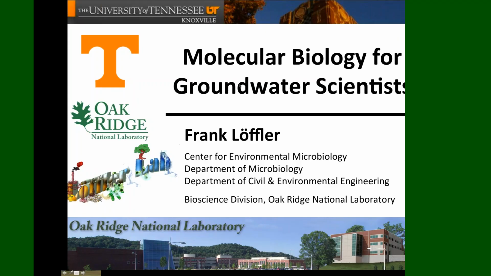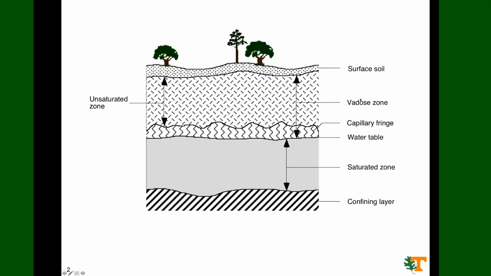So now we're trying to go to the next slide. Here we go. So just to make sure we're all on the same page, this is a schematic drawing of a subsurface environment, an aquifer. So we have the surface soil, we have a vadose zone, so the non-saturated zone. And then we have the saturated zone here.